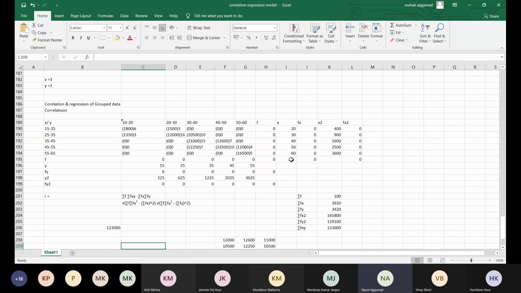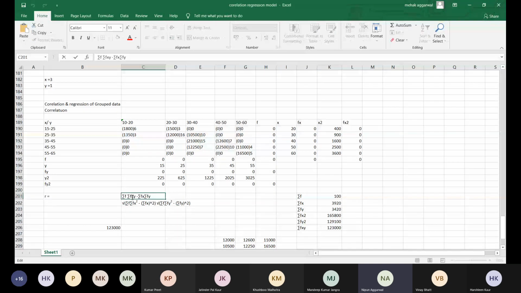So you can reduce your calculation by applying the assumed mean method. The assumed mean method says if the calculations will be tougher, then you take dx as the measure. So this is suppose x. Now you want to have this dx. So this 40 is the mean value. Now you will take dx. Now replace the formula: wherever there is x, replace by dx, and where there is y, replace by dy.